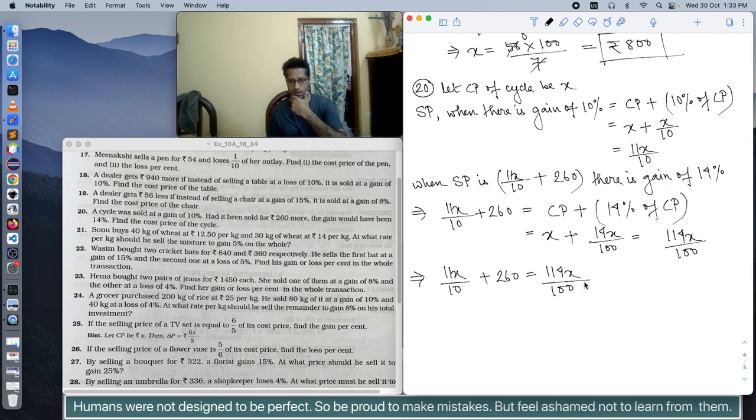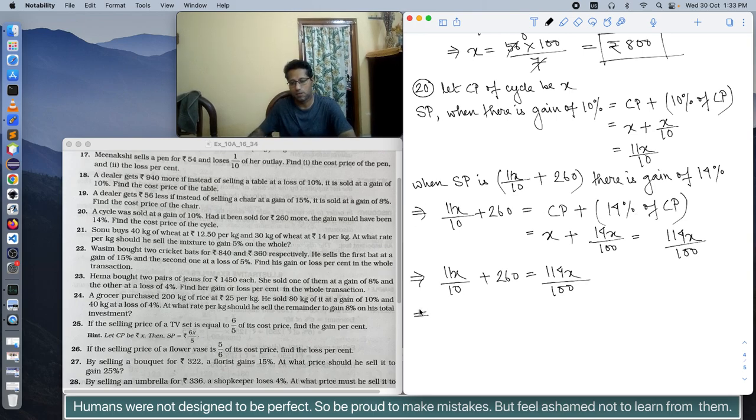You can multiply both the sides by the LCM of 10 and 100, which is 100. My preferred way of solving a linear equation where some terms are rational terms and the denominators of all the rational terms are integers or natural numbers, is to multiply both sides of the equation by the LCM of all the denominators of the rational terms.